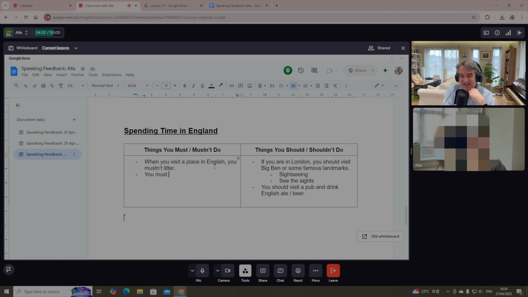Because English people like this word. Like if they bump into you, oh, sorry. You must say sorry if you bump into someone. I agree. That's a good rule, though. So we got some nice ideas.